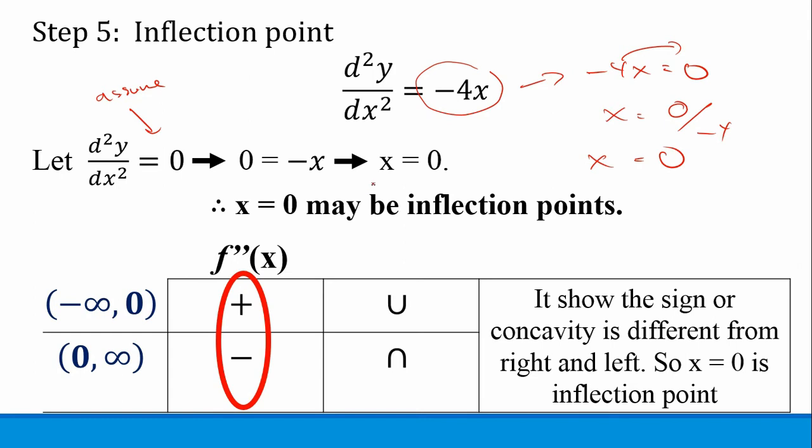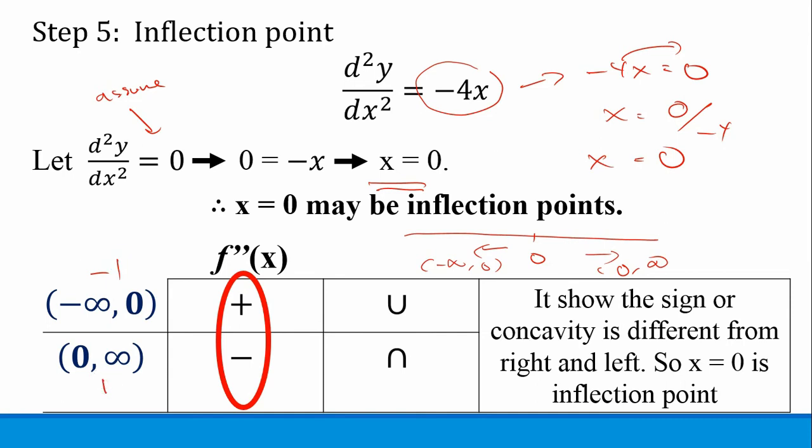Since you know that x equals 0, I just substitute for this case. If you make intervals with 0 at this point, for this one negative infinity to 0, and this one 0 to infinity. Let's say this one is negative 1, this one is 1.